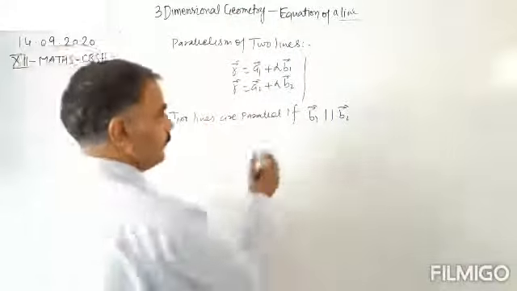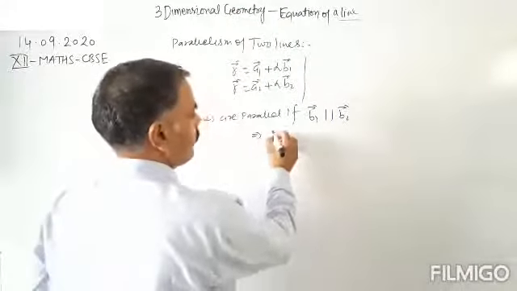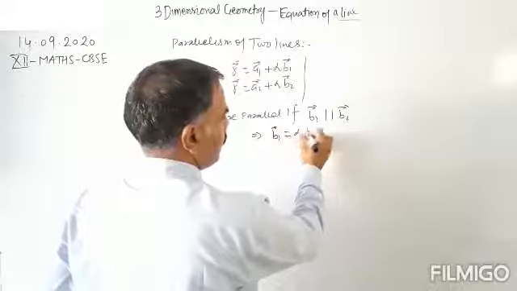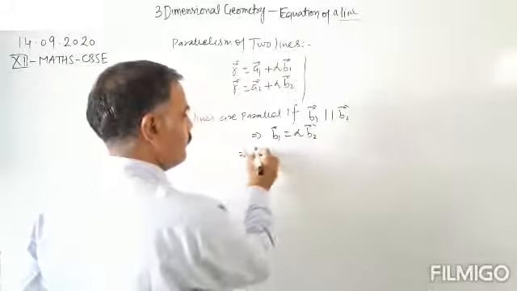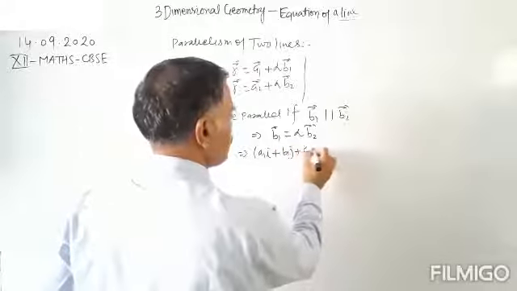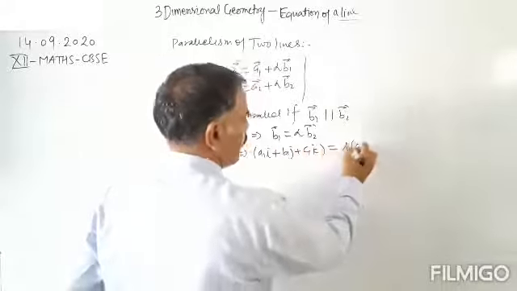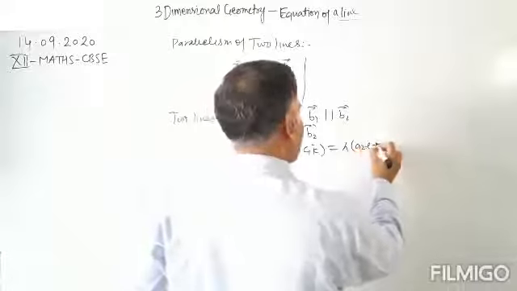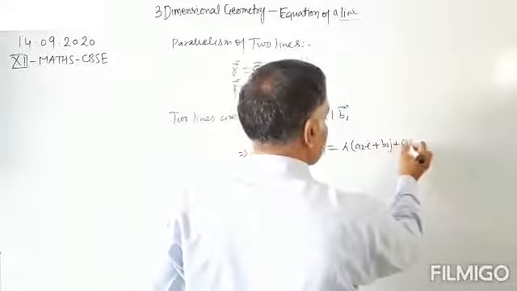So b1 vector is parallel to b2 vector. It means b1 vector equals lambda b2 vector, that is a1 i cap plus b1 j cap plus c1 k cap equals lambda times a2 i cap plus b2 j cap plus c2 k cap.